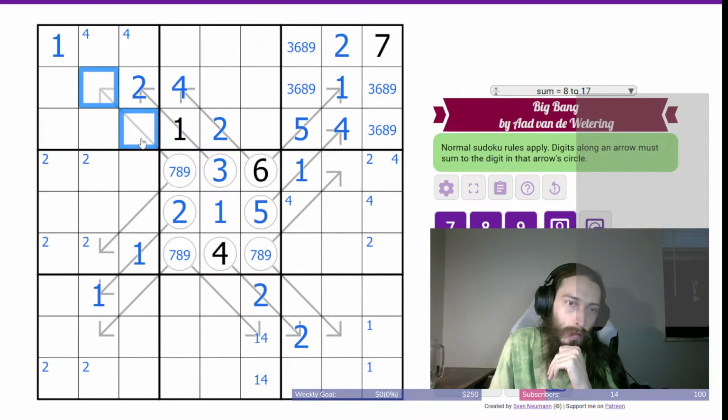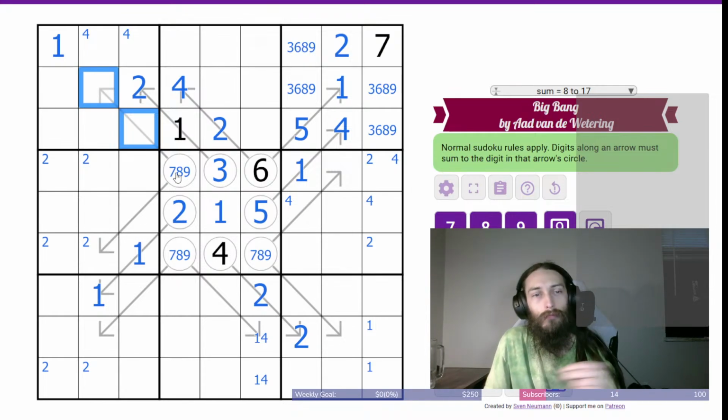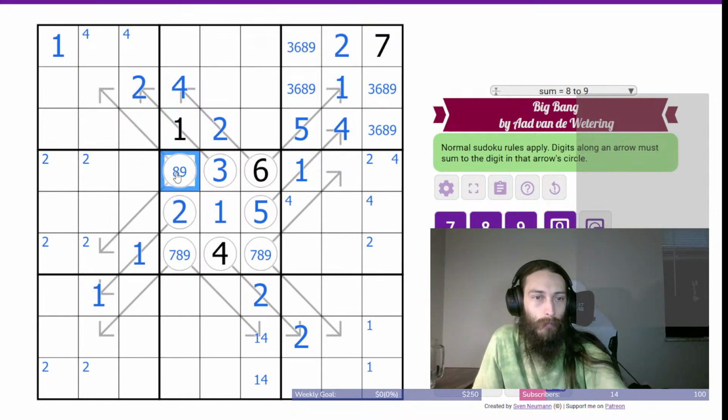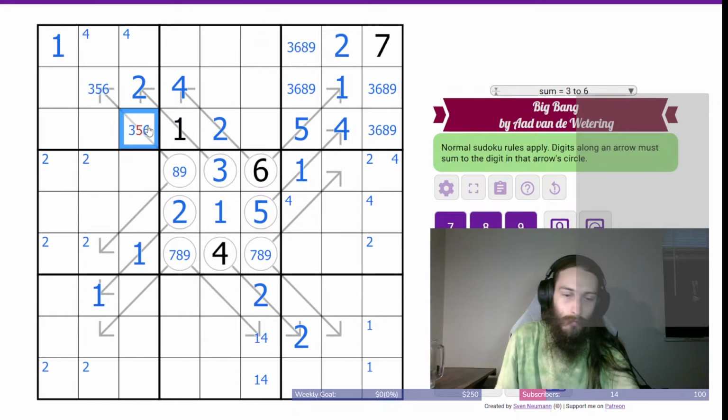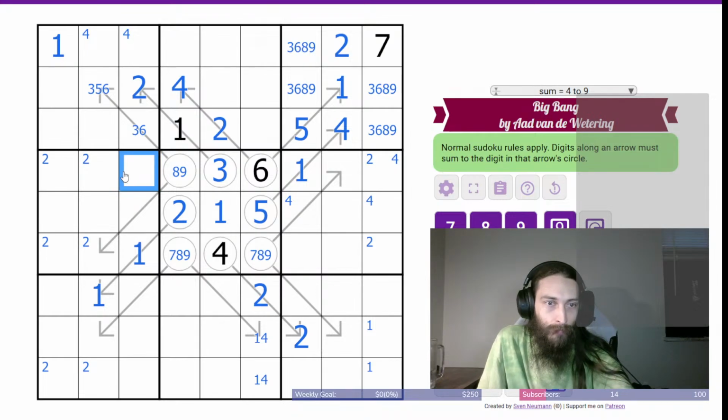It cannot have 1, 2, or 4 on it. So 3, 5 is going to be the minimum. Can't put a 7 there then. But it's going to have a 3 on it.